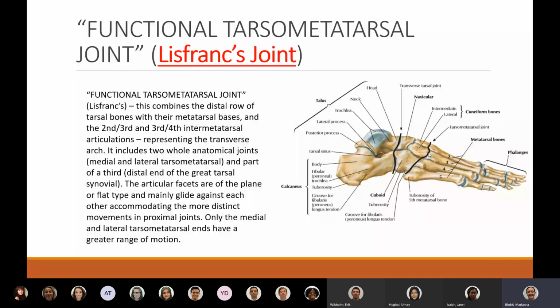It could be this part here that's broken, torn, moved, the whole thing, whatever. So don't mix up Lisfranc's joint, which is a functional tarsal metatarsal joint, basically between all the metatarsal bases and the tarsal bones, versus Lisfranc's ligament.